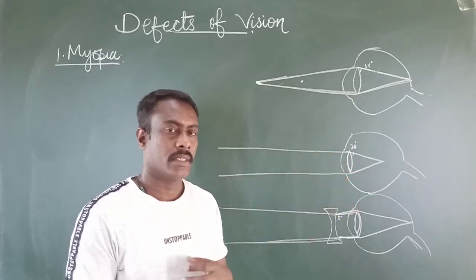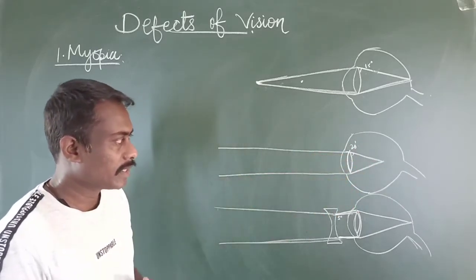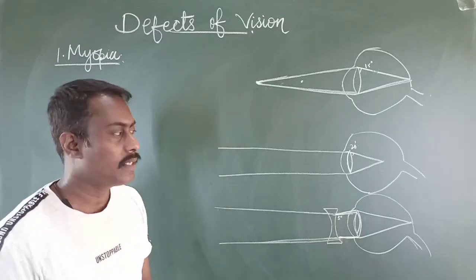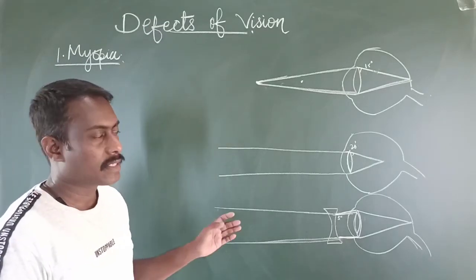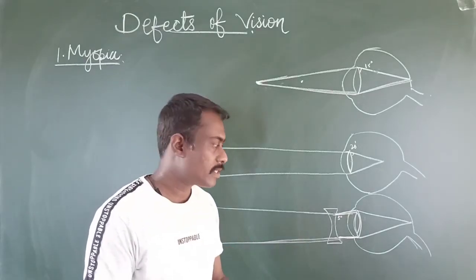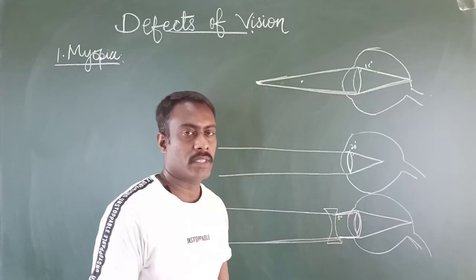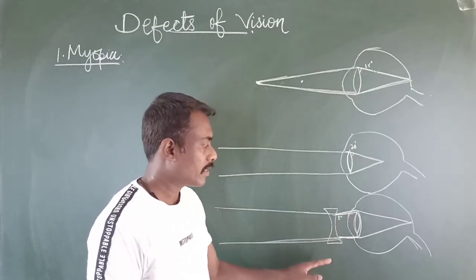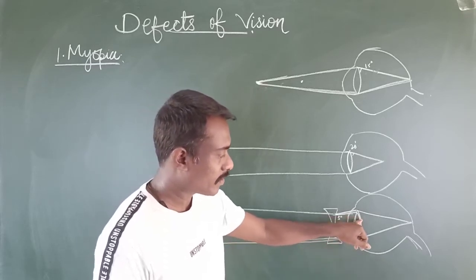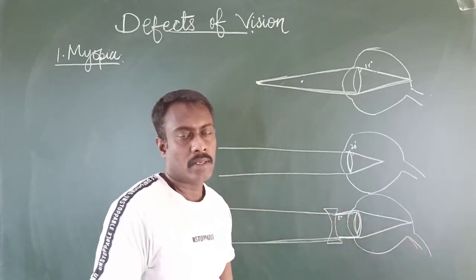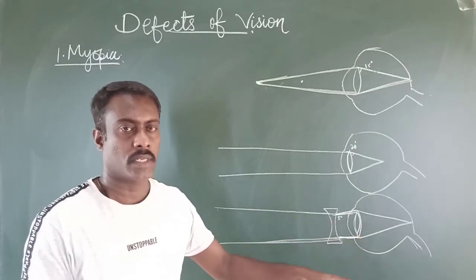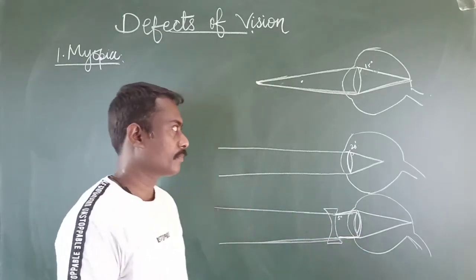Therefore a person suffering from myopia cannot see distant objects clearly but can see nearby objects clearly. This can be corrected by placing a concave lens in front of the eye, which diverges the incident rays first, and then the eye lens will converge the rays to a point on the retina so that a clear image will be obtained.